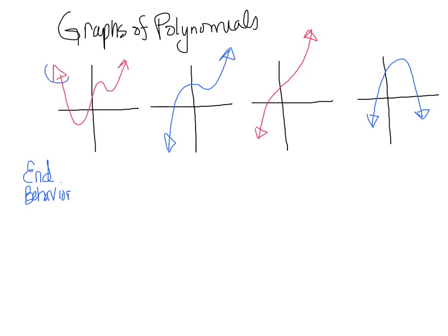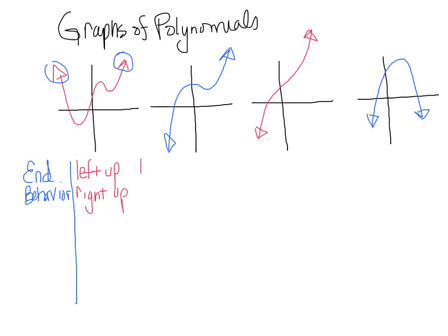So if you look here and here, you say which way are the arrows going? Well, they're going up, okay? They can go up or they can go down. I know they're going left and right, that's a given, but are they going up or down? So when I ask the question, what's the end behavior? The answer to this first one would be left is going up and the right is also going up.